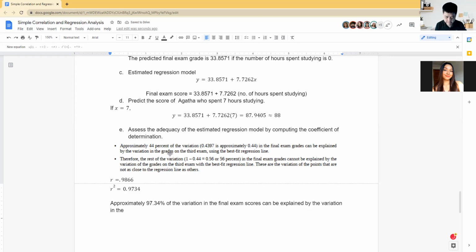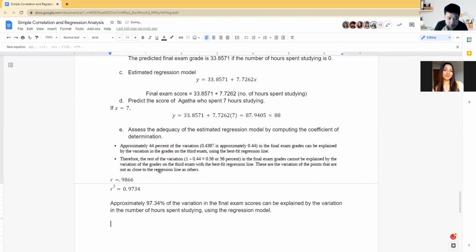In the number of hours spent studying. Sure, pwede na yan. Okay? Or you can continue using the best fit regression line, or using the regression model. So again, using the regression model.